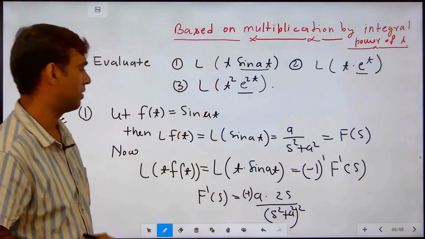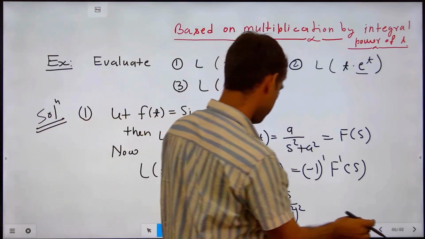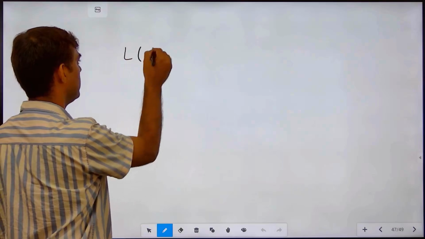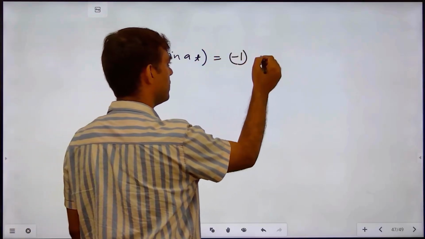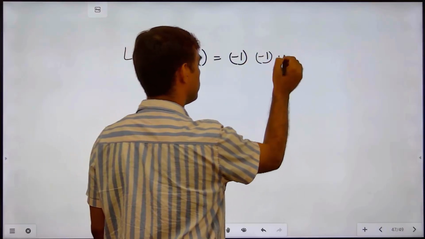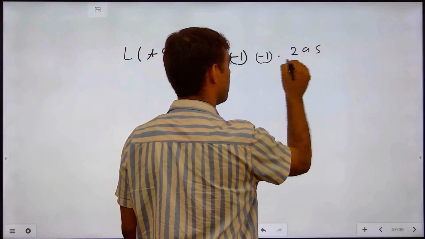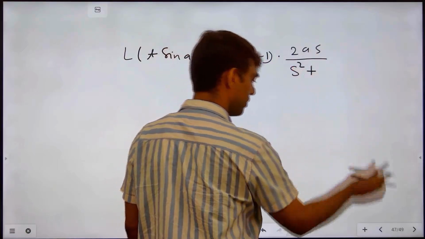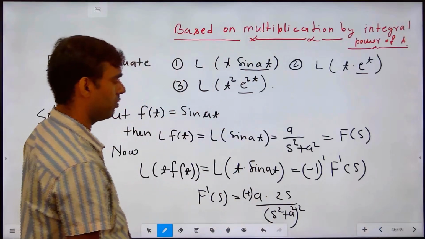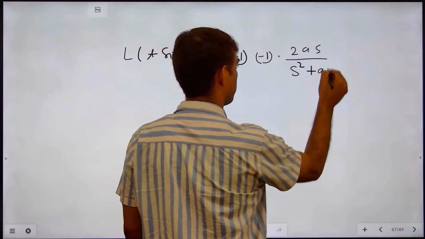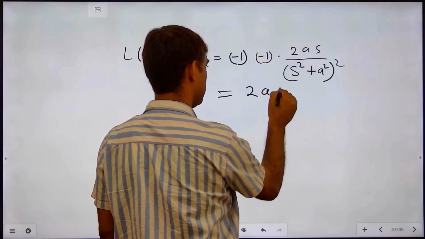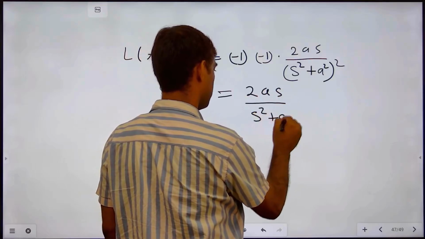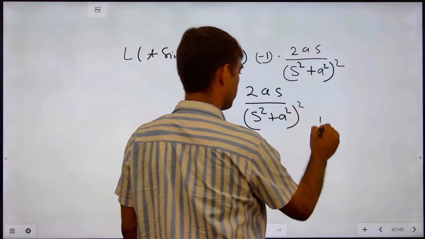So if we put it here, the Laplace transform of t into sin at equals minus 1 into F dash s, which is minus 1 into 2as upon s squared plus a squared whole squared. Minus minus becomes plus, so this becomes 2as upon s squared plus a squared whole squared. This one is the answer.